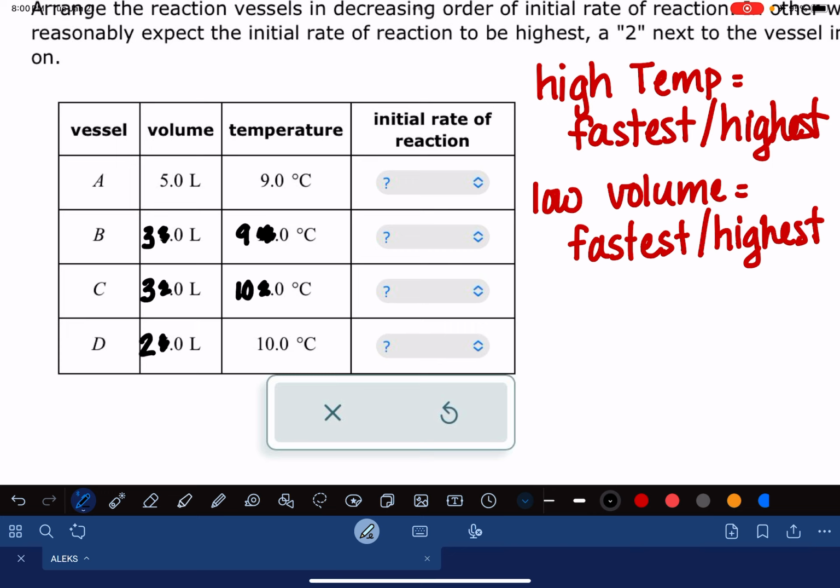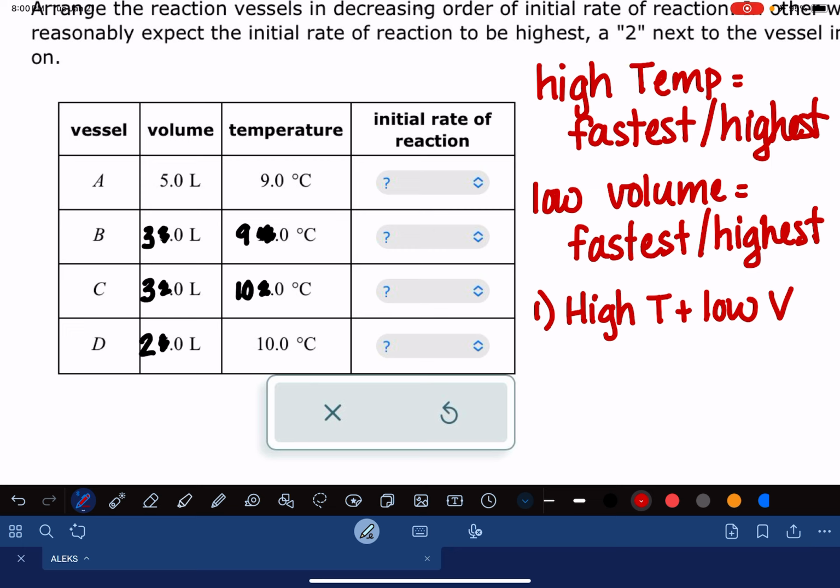And in this case, since we've got variation in the volume and the temperature, the first thing that I want you to do is rank them by temperature. Pick the highest temperature first, and of the highest temperature, the one with the lowest volume.